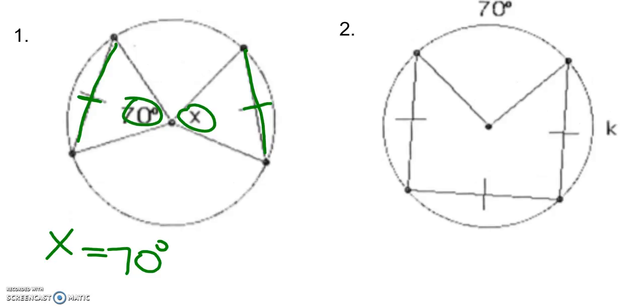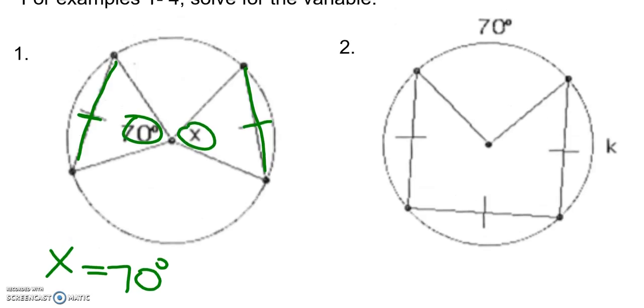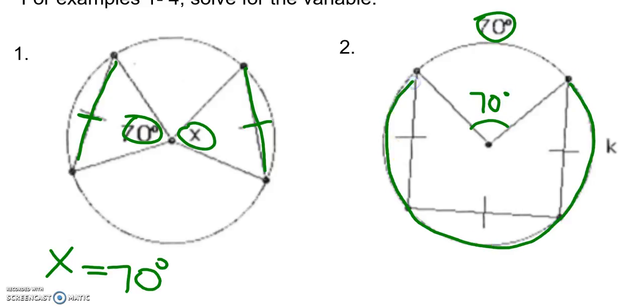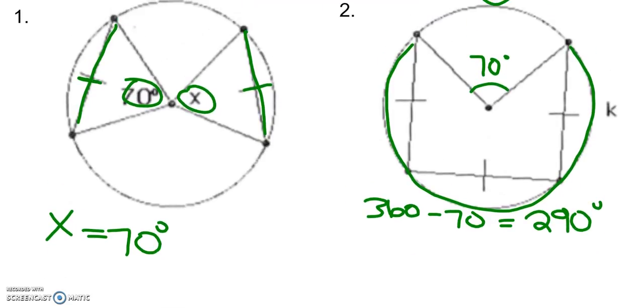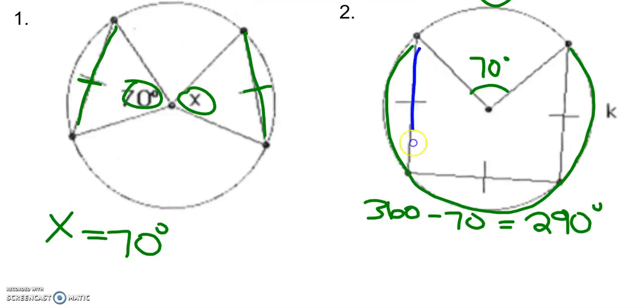So we have this arc measuring 70 degrees, this minor arc right here. So then this central angle also measures 70 degrees. Okay, so to figure out the measure of this major arc on the outside, we're just going to do 360 minus 70 to give us 290 degrees. But we can see that these chords are congruent.